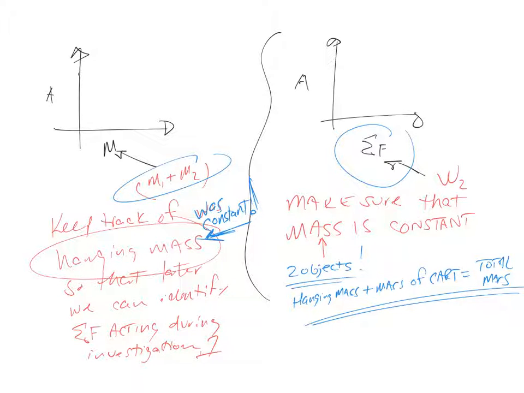So, again, I'm challenging you to think about how can you change the total force while keeping the total mass of your system constant? One last time. How do you change the total force acting while you keep the total mass constant? How are you going to do that?